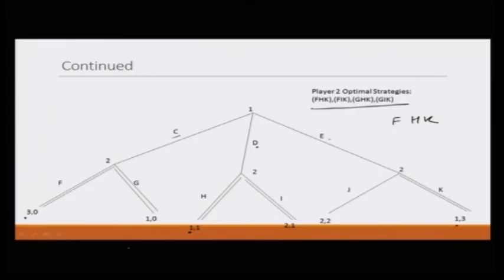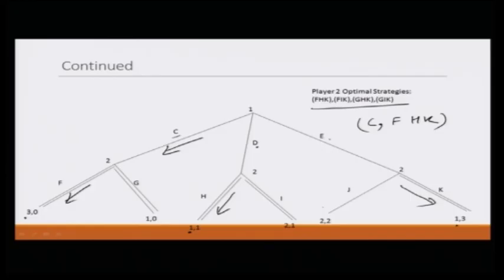So, of course, he is better off playing C. So, C, FHK can be an equilibrium, and it is also subgame perfect, since the path the game would follow is optimal in each subgame as well.